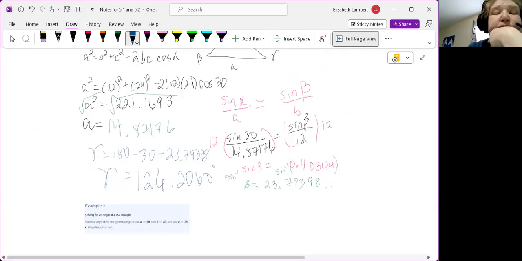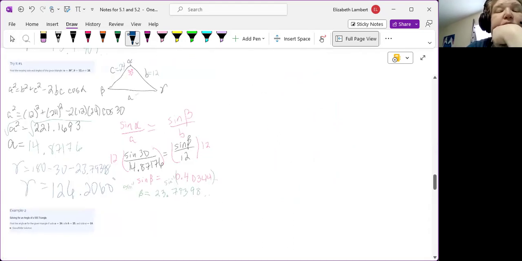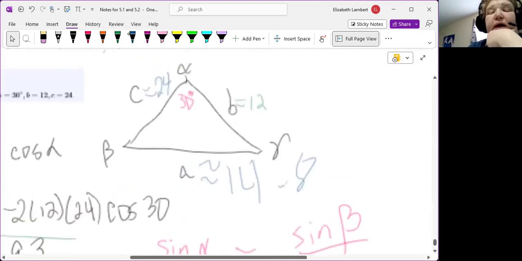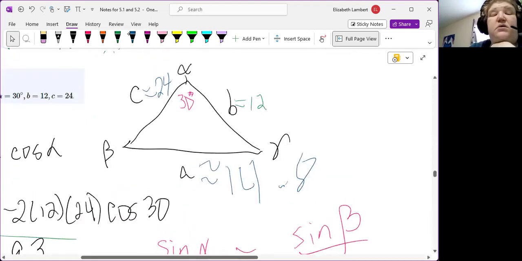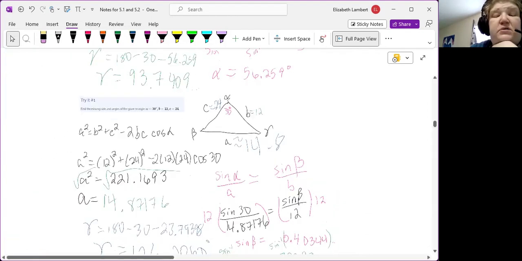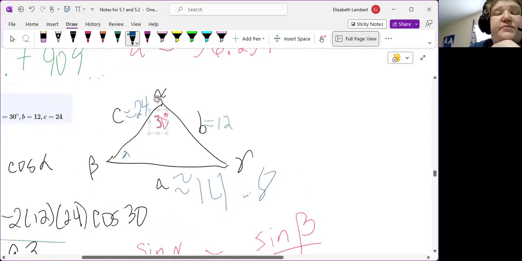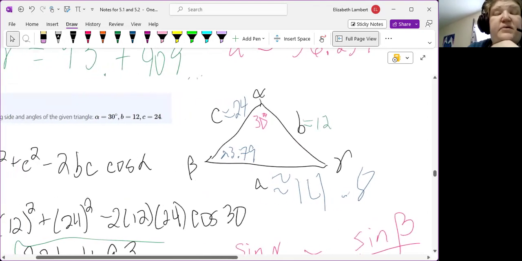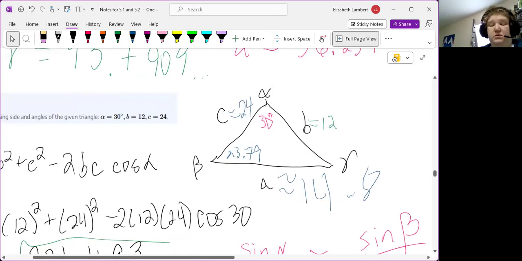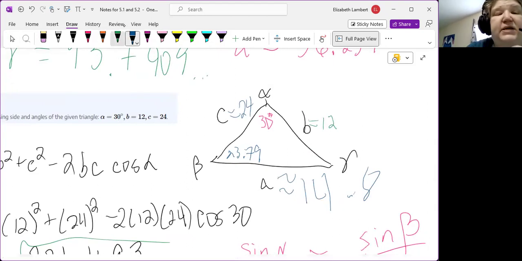Okay, I got A is about 14 point something. That's across from the 30 degree. My beta is 23 something. And then my gamma angle is pretty big. It's 126.21, whatever.